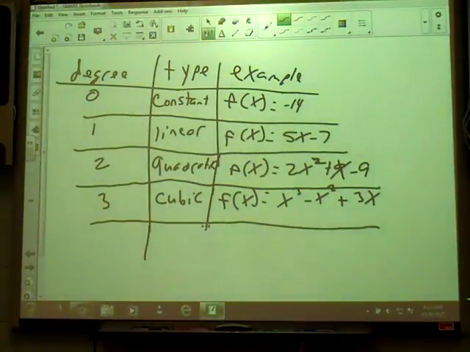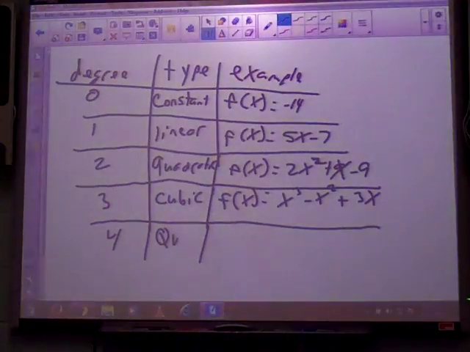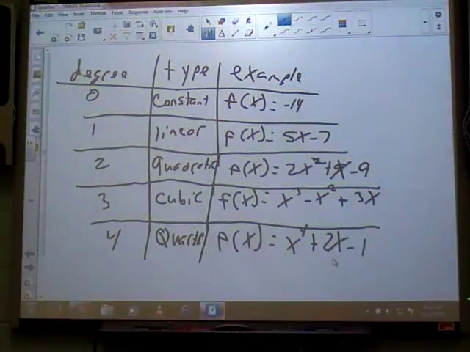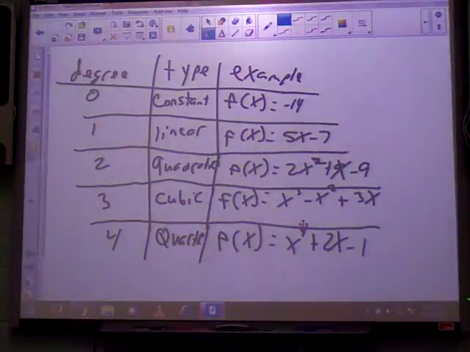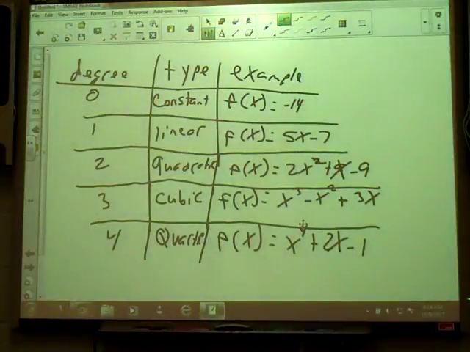A degree of 4 is called quartic, Q-U-A-R-T-I-C. F of x would be x to the 4th plus 2x minus 1. We're going to graph these things. That's easy.